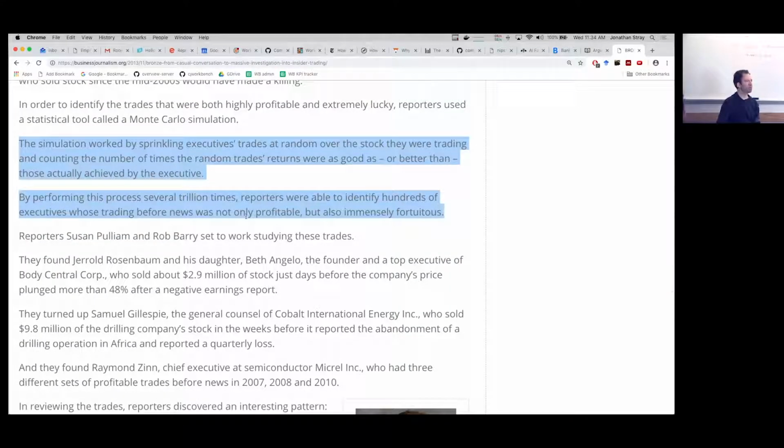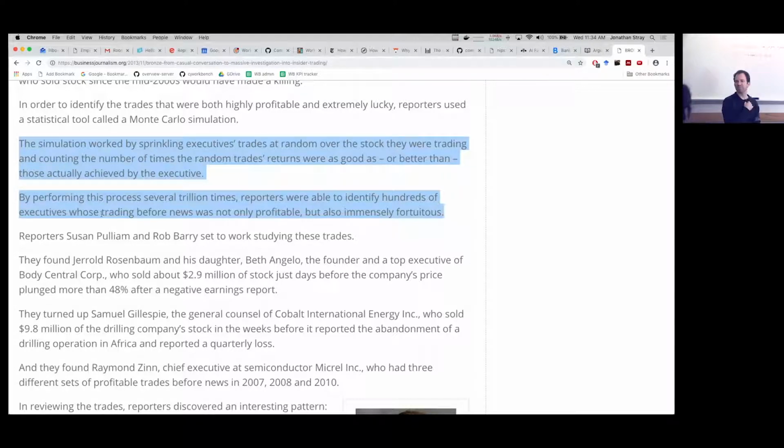And what they were able to show is that if this was just luck, they were incredibly lucky. They did these simulations and found minute chances of making this amount of money from the stock trade.